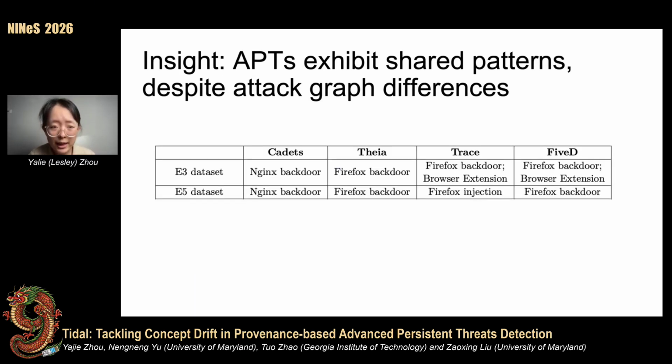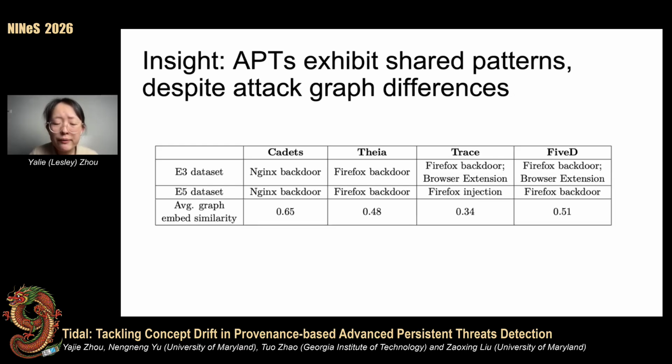Here is one insight we found from the public DARPA datasets. As I was showing, there are the E3 dataset and the E5 dataset, and each column is a different attack type. You can see that in terms of attack type, the APTs across different times actually share very similar patterns. For example, the first and second attacks are both backdoor attacks, across E3 and E5.